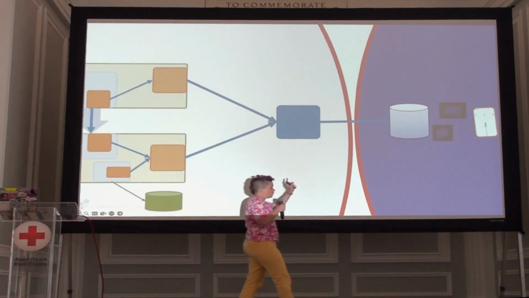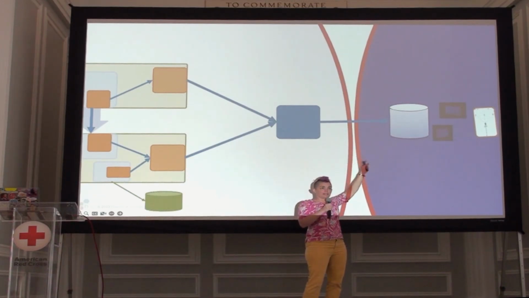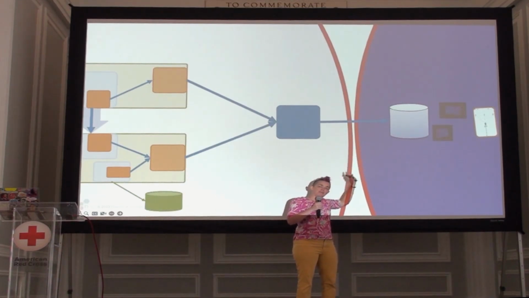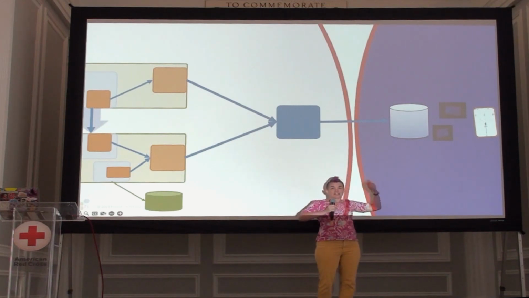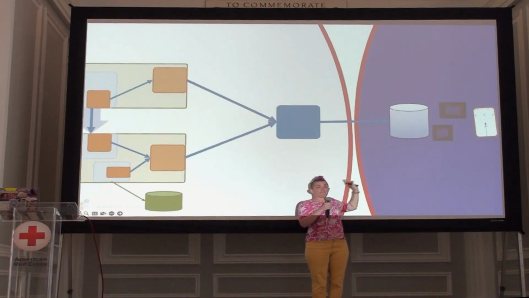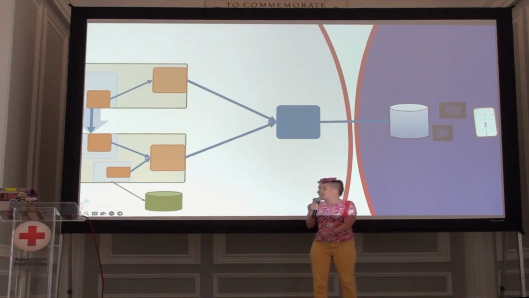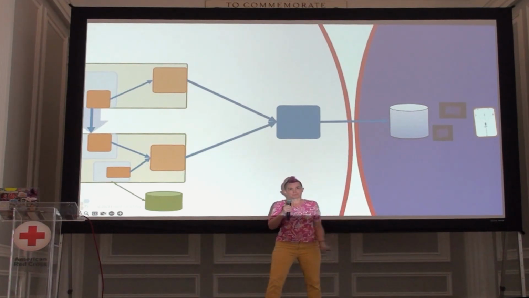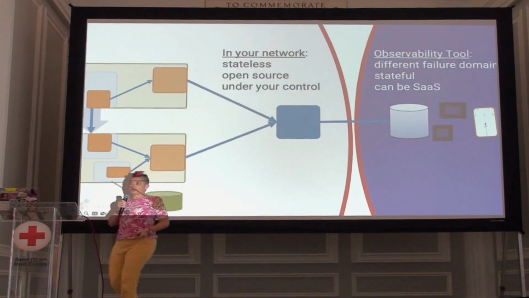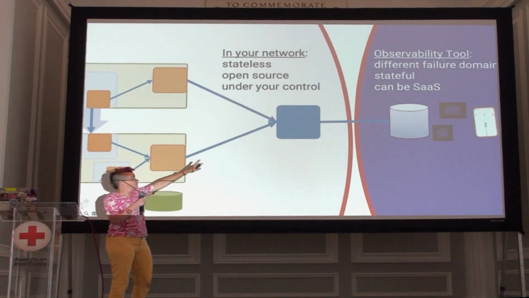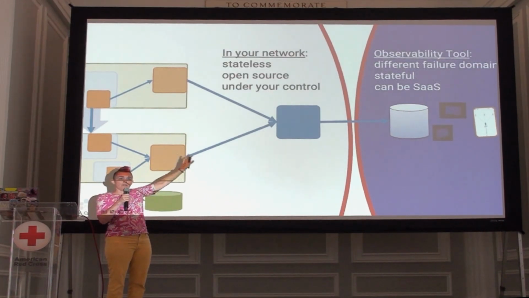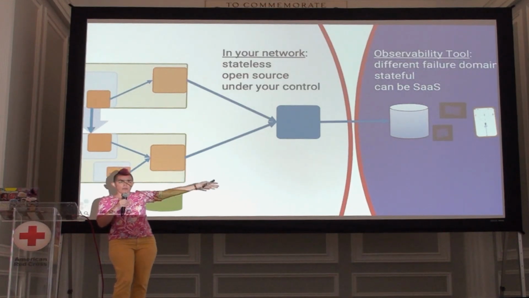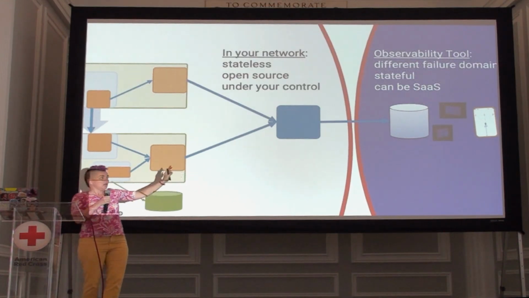On the other hand, your backend is stateful and is a database, and you absolutely want that to be in a different network, or at least a different cluster, a different failure domain specifically, because if this is all corked, you really need this to work. So you should have a different failure domain for the backend, as in the database and all the querying functionality there.